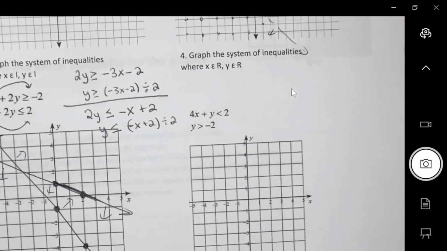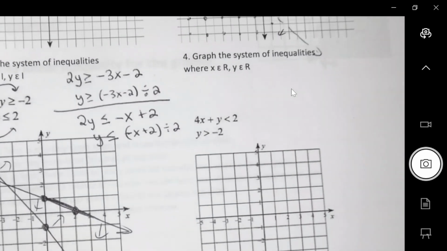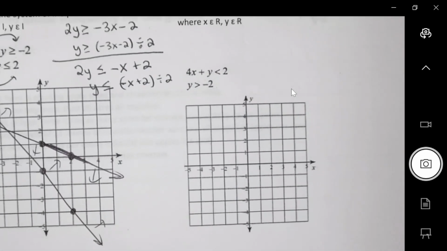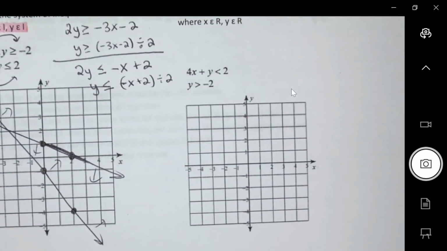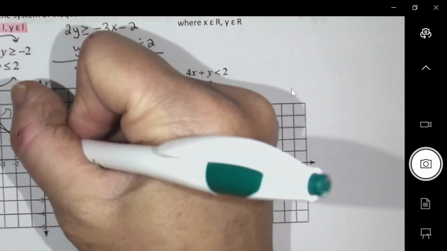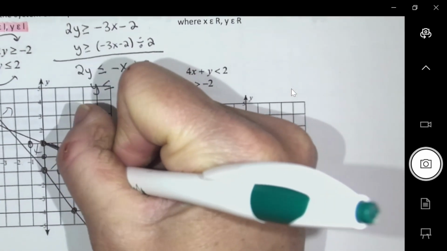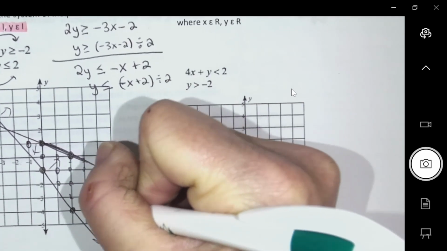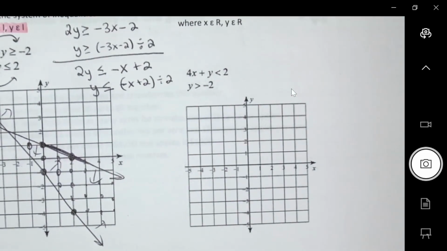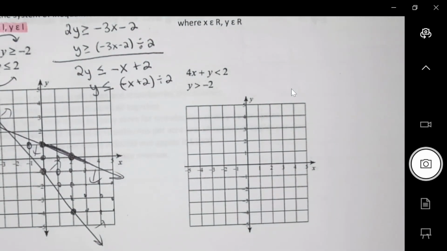So which space is working for both of them? And also I can't forget that when I'm there, I can only take integer numbers. So this is the space that's working, and the integer numbers in that zone are the ones that work.